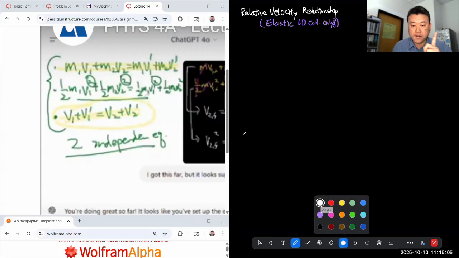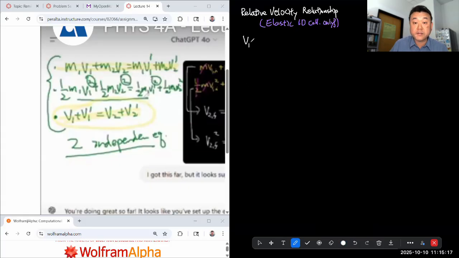What's derived here, let me write it down. You are looking at two objects colliding. One of them is object 1 and the other is object 2. It's a general relationship. One doesn't have to be at rest or anything, and their masses can be different too, even though this formula doesn't have any masses in it. V1 initial plus V1 final is equal to V2 initial plus V2 final.